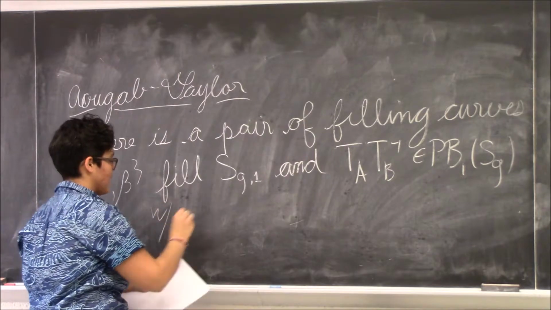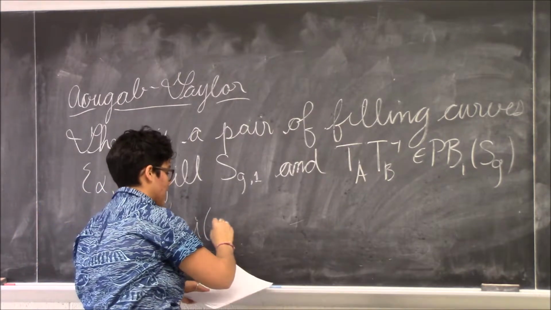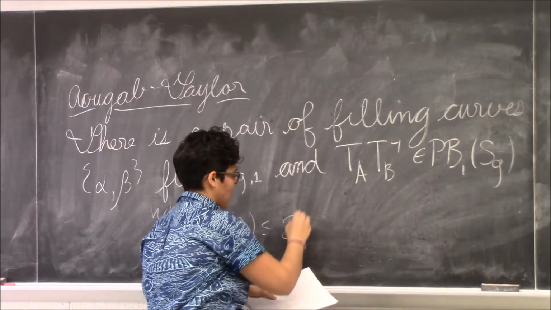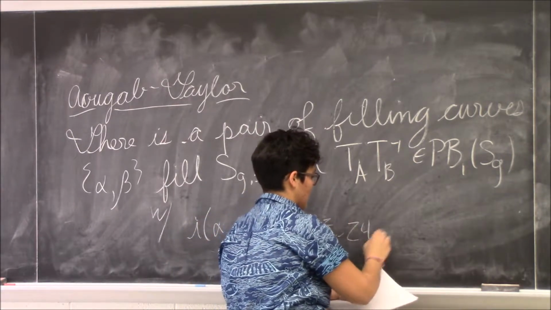And we have a really nice bound. We can use a result of Ivanov to get a really nice handle on how often these two curves actually intersect. So we can bound it above by this quadratic in g expression.